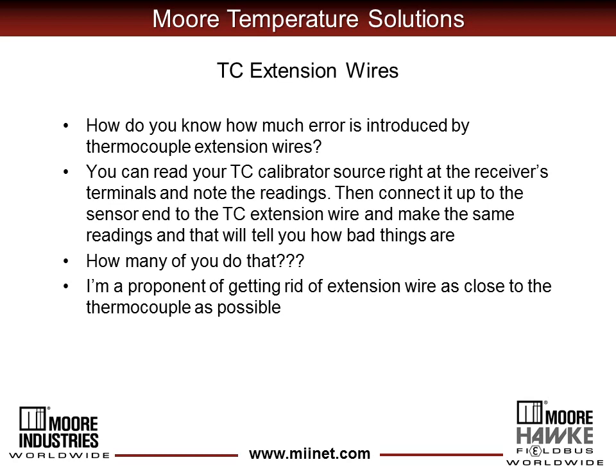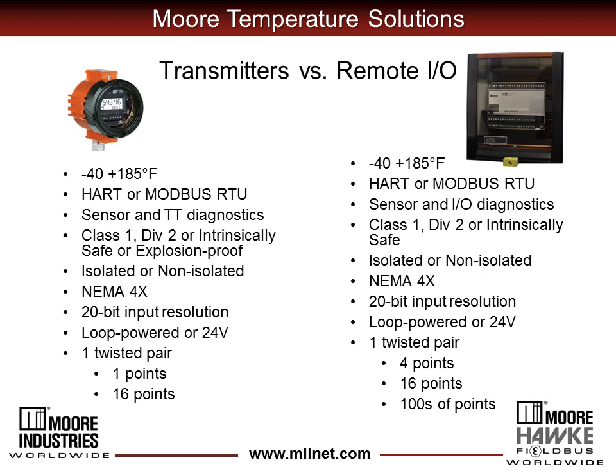You may have to live with thermocouples, but you don't have to live with thermocouple extension wire. And I'm a big proponent of replacing it with other technology. The other technology to use to replace thermocouple extension wire is either temperature transmitters or remote I/O hardware.